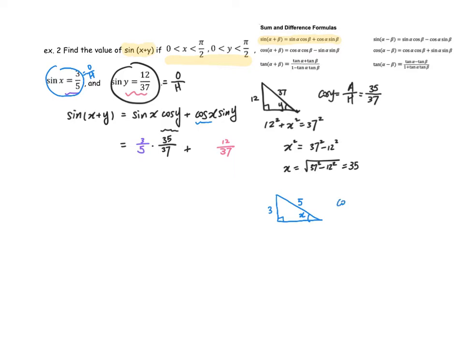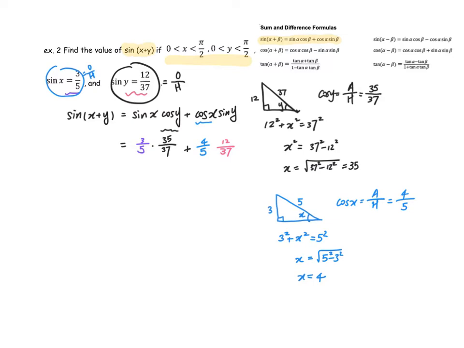We need to find cosine x, which is adjacent over hypotenuse. To find the adjacent, we can use the Pythagorean theorem again. 3 squared plus x squared equal to 5 squared. This is a special triangle. We easily can know that x is equal to square root of 5 squared minus 3 squared. X is equal to 4. Okay, so which means we have an adjacent over hypotenuse, so here is a 4 over 5.